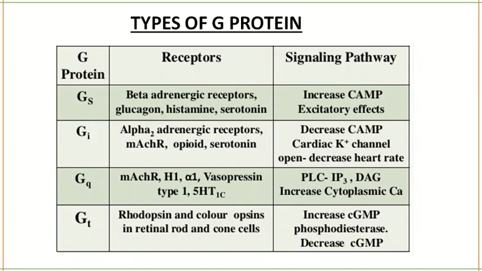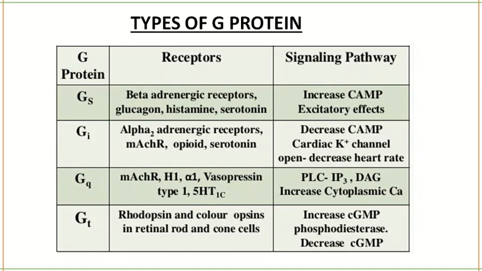But for now, my intention is to teach you the different types of G protein. Just teaching you G protein is not enough. We should always give it with some kind of example. That's what I'm doing here, with the receptor and signaling pathway. We will deal with the signaling pathway in detail in the next few lectures. So no worry, no tension.